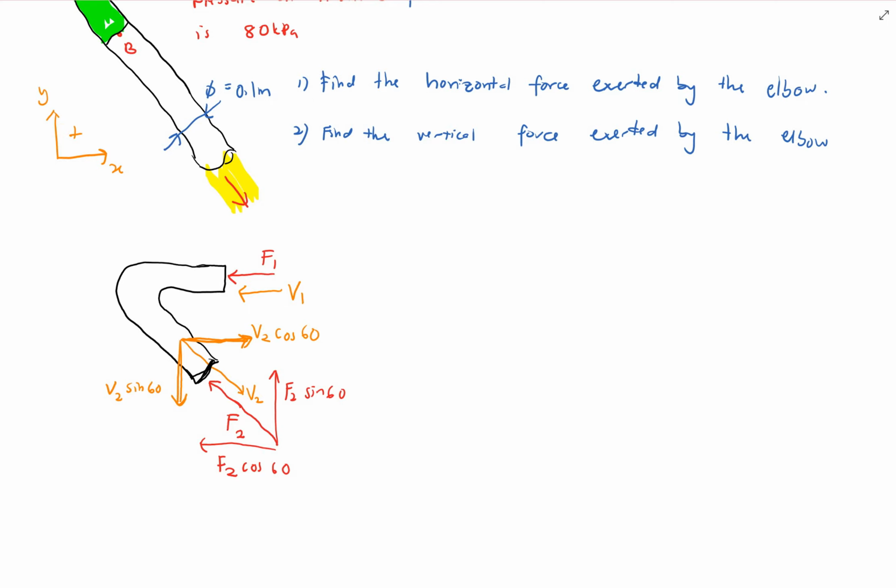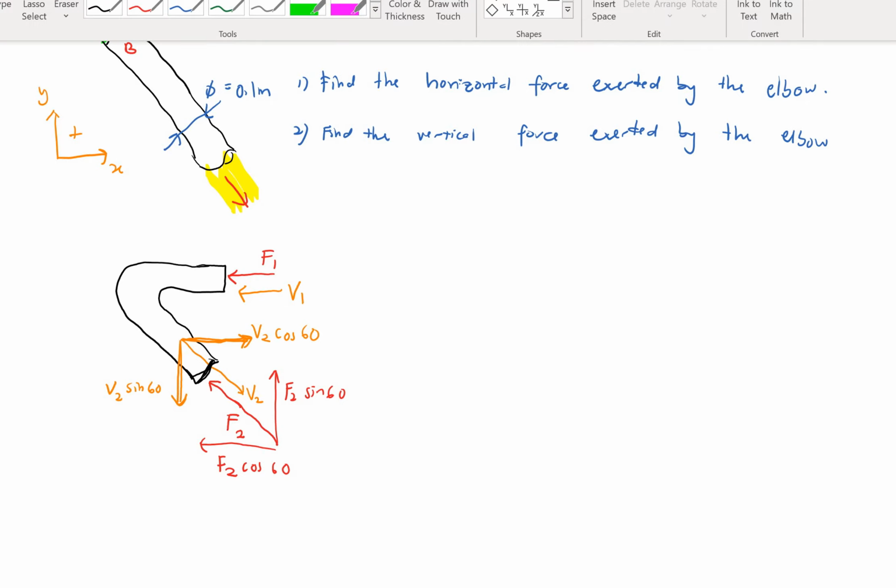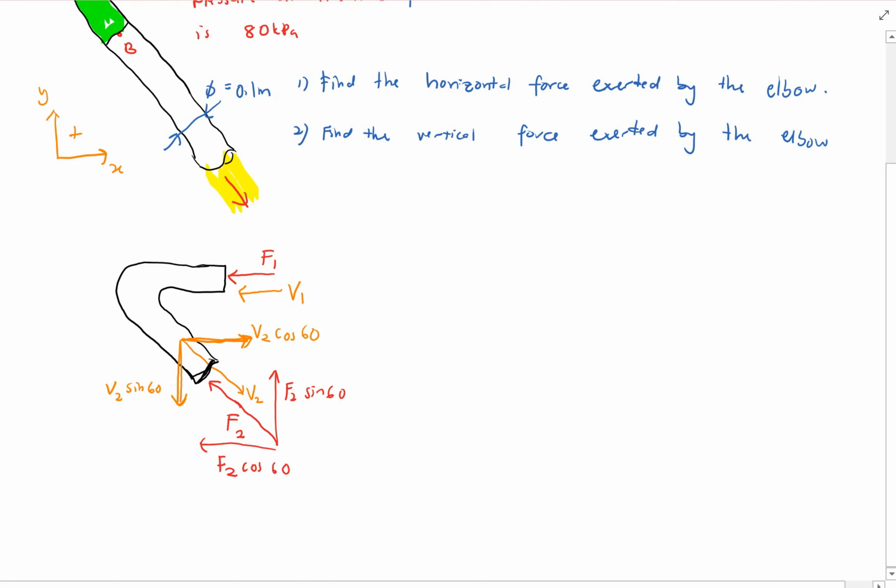Okay, so we have the force, we have the velocity already. Next, we need to find the force exerted by your elbow. In this case, first we assume Fx going that way, and then your Fy is acting downward.